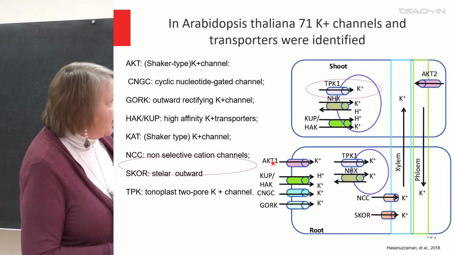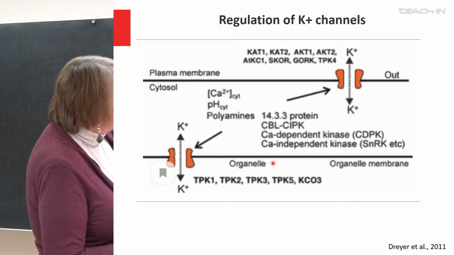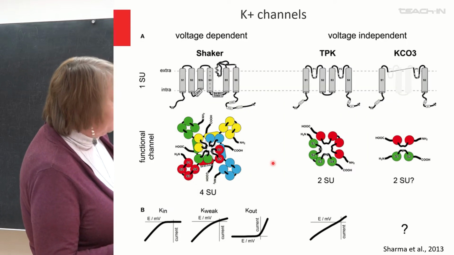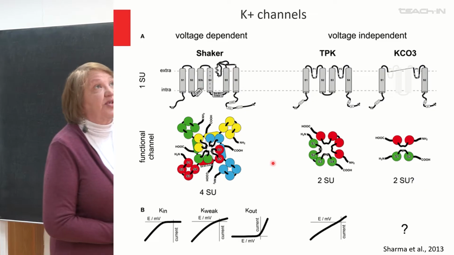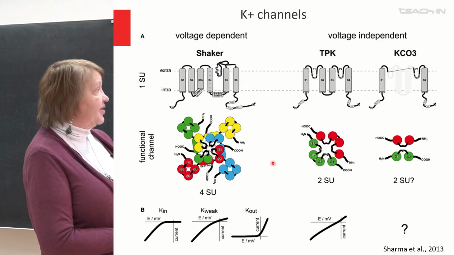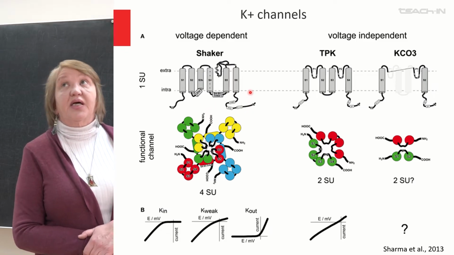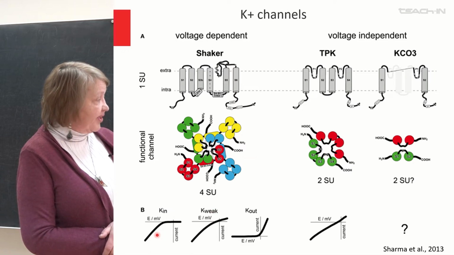Outward channel and TPK1 channel. This is not what I want. Okay, so potassium channels, the majority of them are actually voltage dependent, for example, shaker, and they can be weakly voltage dependent and rectifying.